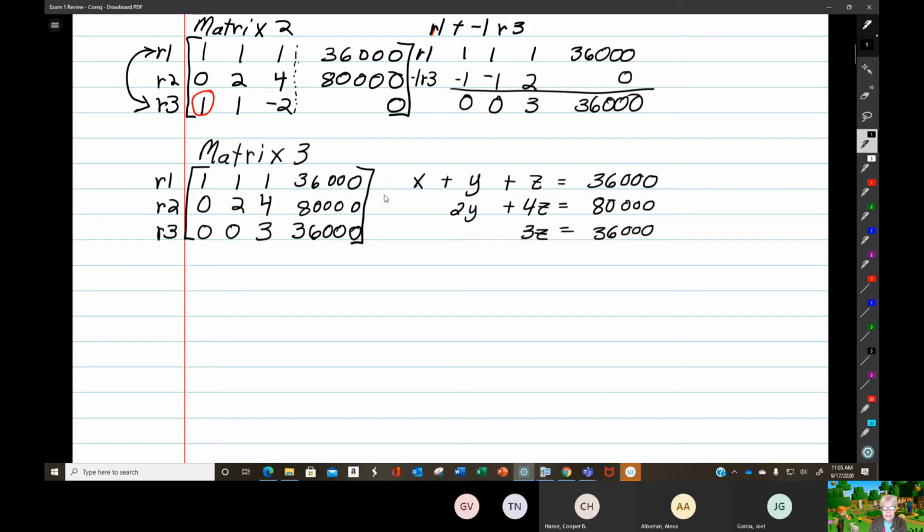We can now call this, if we want to, line 1, line 2, and line 3, or equation 1, equation 2, equation 3, doesn't really matter. And the first step, I'm going to start back solving. I'm going to do my back solving down here, just because this is where I have room.